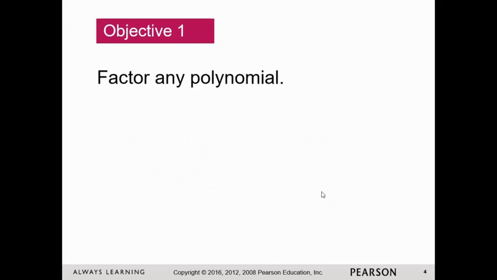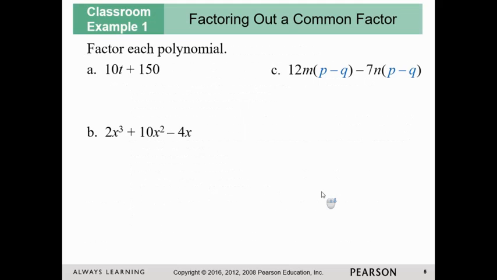So here we go, factor any polynomial. Looking at A, the first thing we notice is we can take out a common factor in A, right? Here we've taken out a 10, and we just factored that binomial there by taking out a greatest common factor.